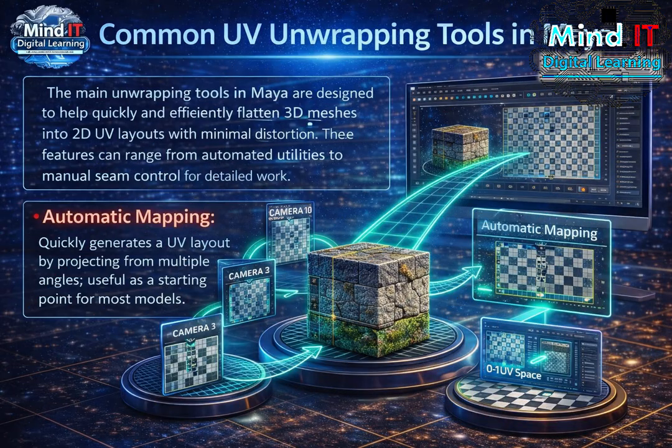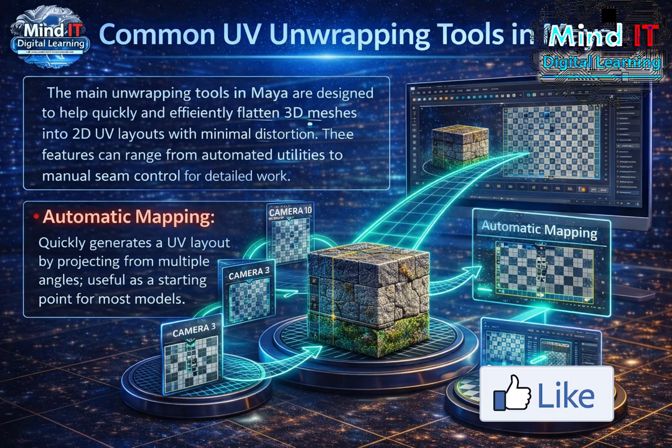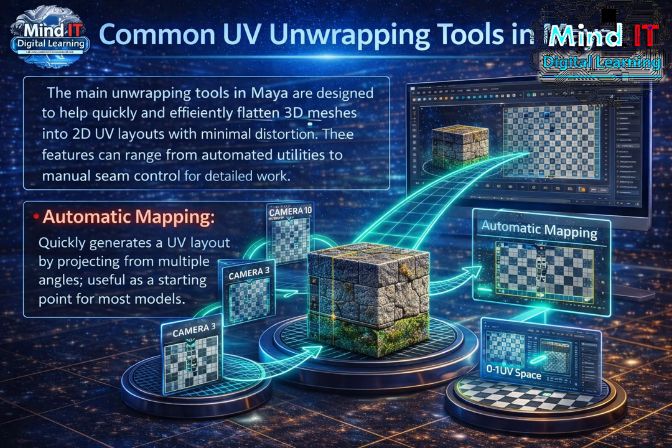Common UV unwrapping tools in Maya. The main unwrapping tools in Maya are designed to help quickly and efficiently flatten 3D meshes into 2D UV layouts with minimal distortion. These features can range from automated utilities to manual seam control for detailed work. Automatic mapping quickly generates a UV layout by projecting from multiple angles, useful as a starting point for most models.